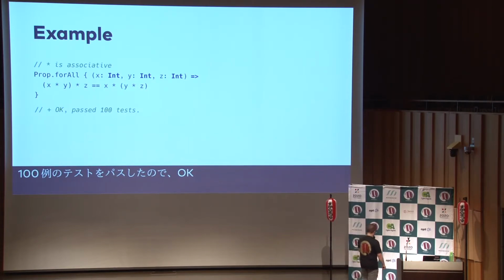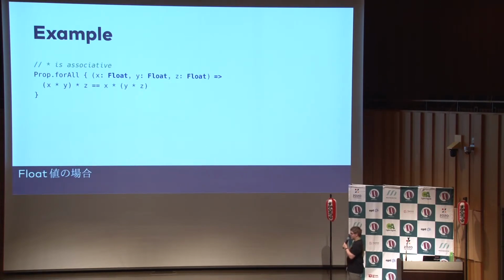And in this example for integers, of course, this law holds. So it will print, OK, passed 100 tests, which means that there were 100 values that ScalaCheck came up with and just call this property and verify that it holds. Now, what you see in this property, it looks basically like a normal test, but you have some parameters out here. So that's the basic structure.